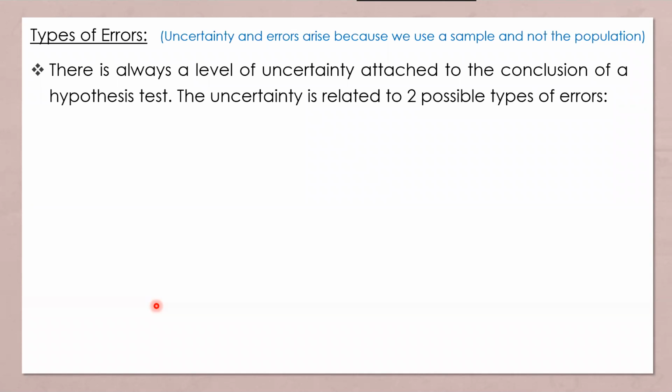So that is why when we are working with any statistical inference, whether it be confidence intervals or hypothesis tests, we're never 100% certain of our results, because there are these possible errors that can arise, because we're basing the results on a sample, okay?